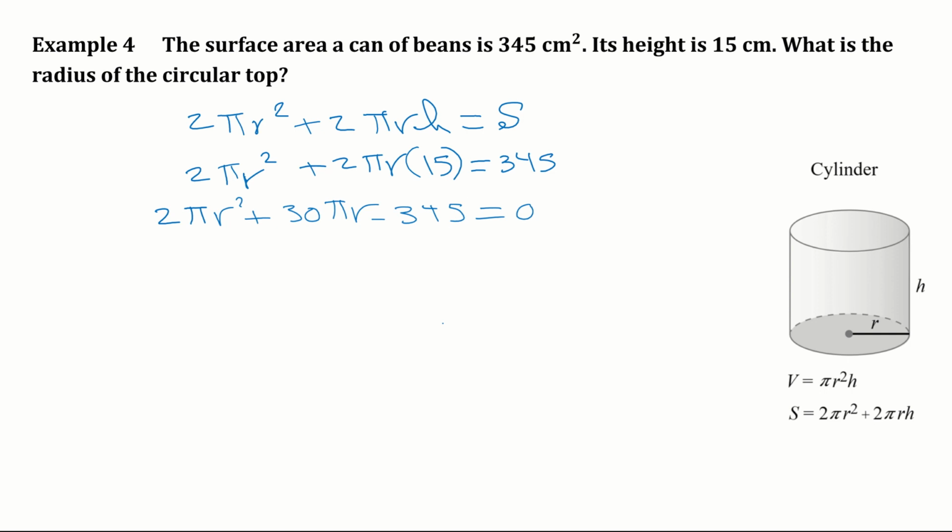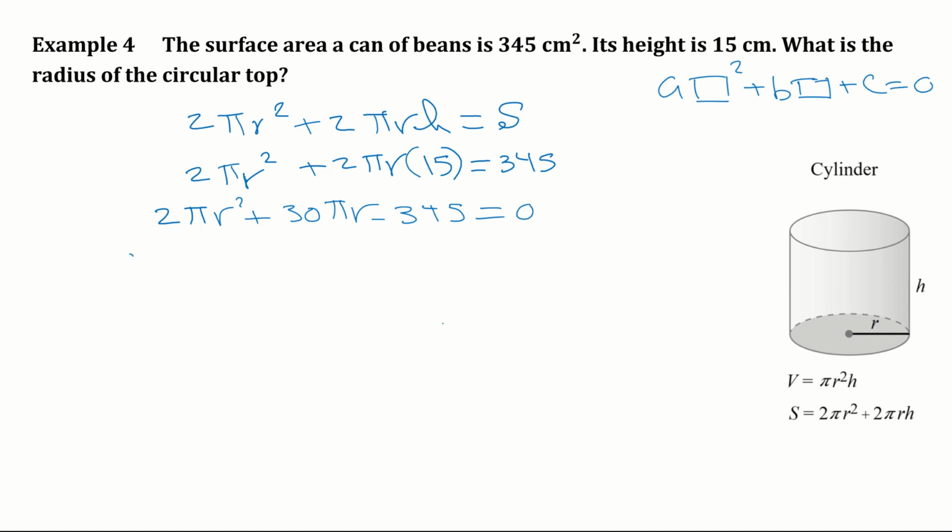So our A, notice we're in the right format. We're in the form of A times some quantity squared, or some variable squared, plus B times the same variable, plus C equals 0. So we're in quadratic form, right?